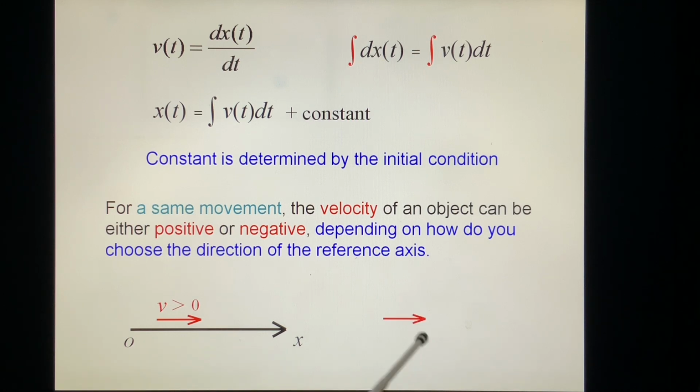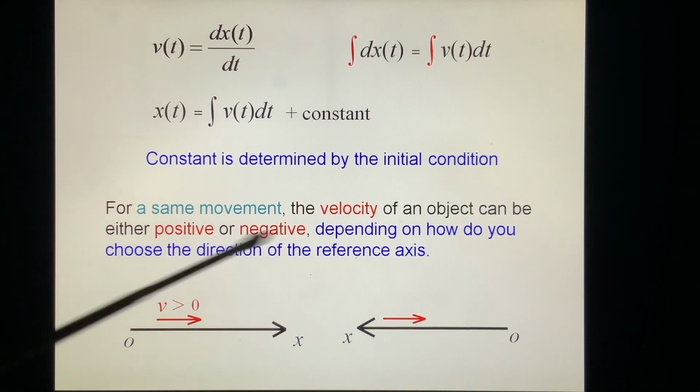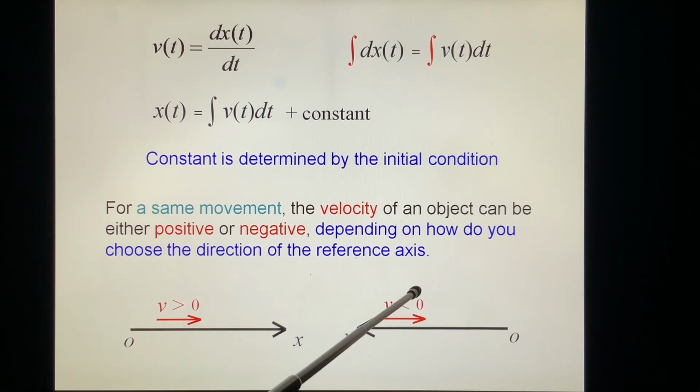The same physical movement, if we choose the positive direction toward the left, becomes a negative number. This depends on how you choose the reference frame, the positive direction.